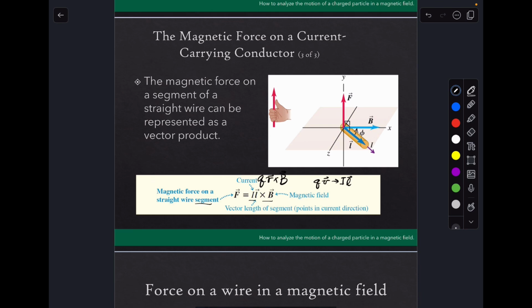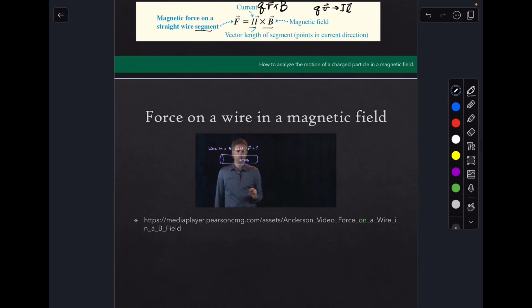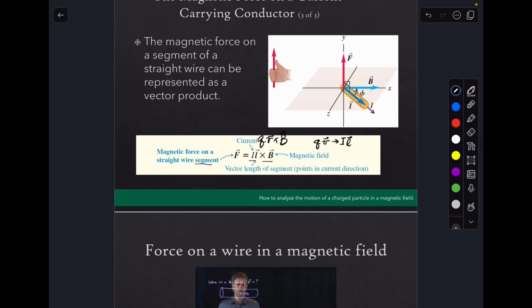All right? Where I is the current and L is a vector that defines the length and direction of that wire segment. So you're basically doing the same cross product, except you're just using slightly different geometric variables.